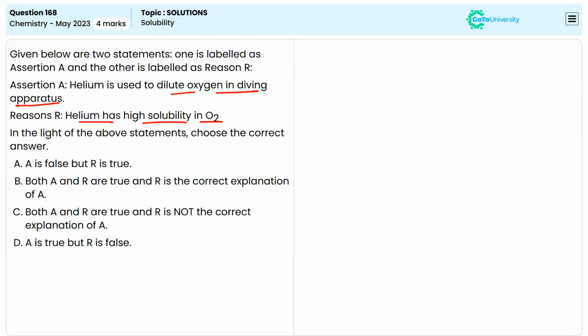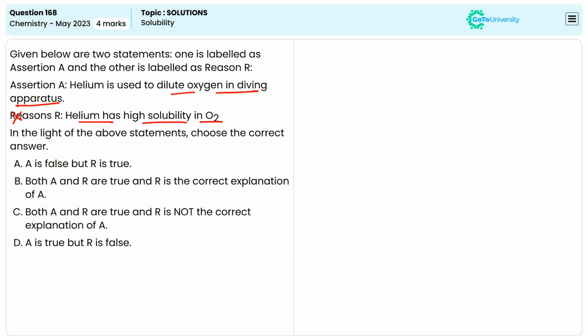What is the first statement? Helium is used to dilute oxygen in diving apparatus. That is true, because helium gas is usually used in diving apparatus. Now coming to the reason, helium has high solubility in oxygen. This is a wrong statement, because helium is not that much soluble in oxygen.